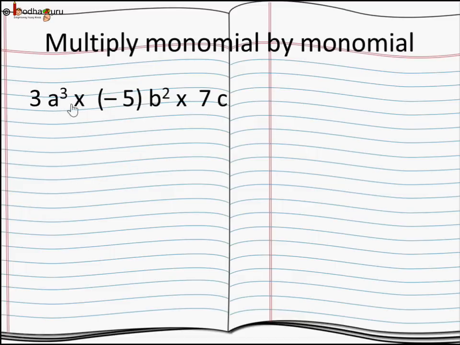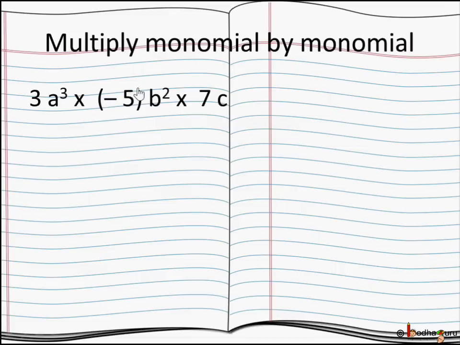3a cube into (minus 5b square) into 7c. Notice children, I have put bracket in front of minus 5 because there is a minus here. If you don't put the bracket, you'll get confused between there is a multiplication sign followed by a minus sign, which operation you need to perform.